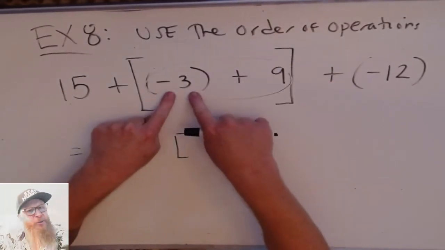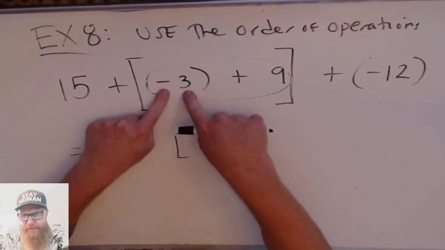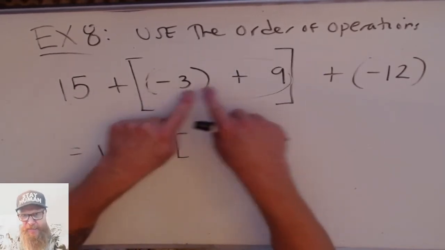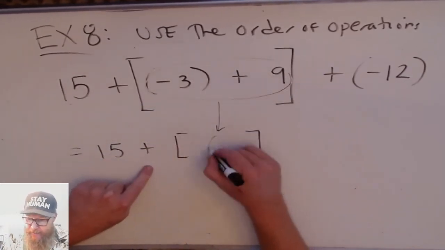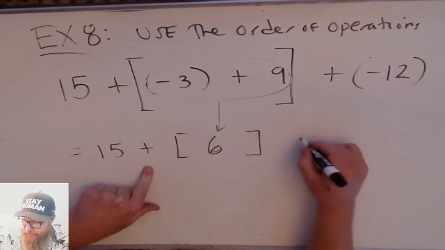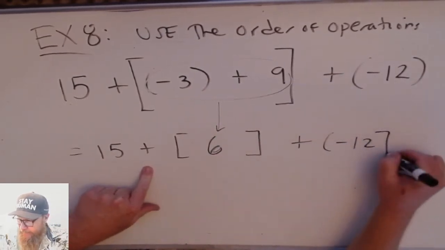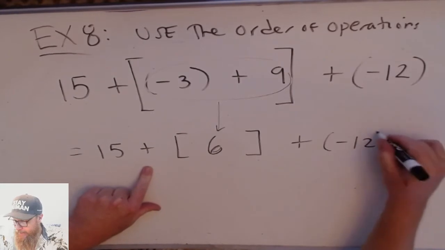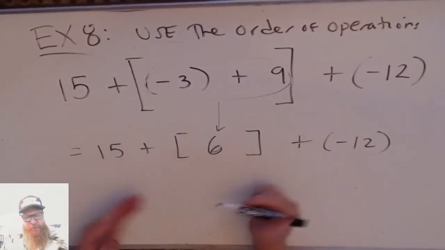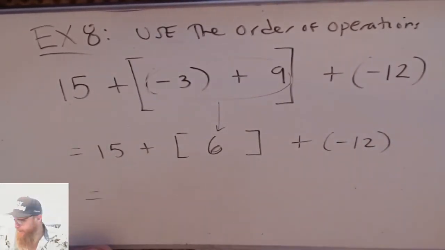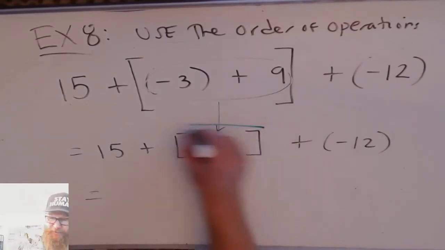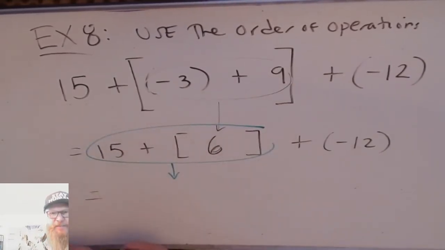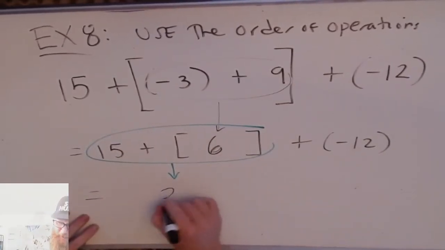There's nothing to do inside of these parentheses. There's no more math inside of here, so it's just negative 3 plus 9. So that becomes 6. At this point, you can just go left to right. So this really just means 15 plus 6. So that's 21.